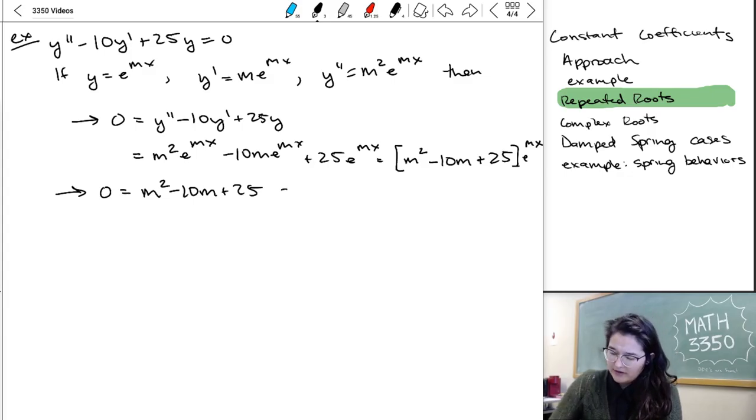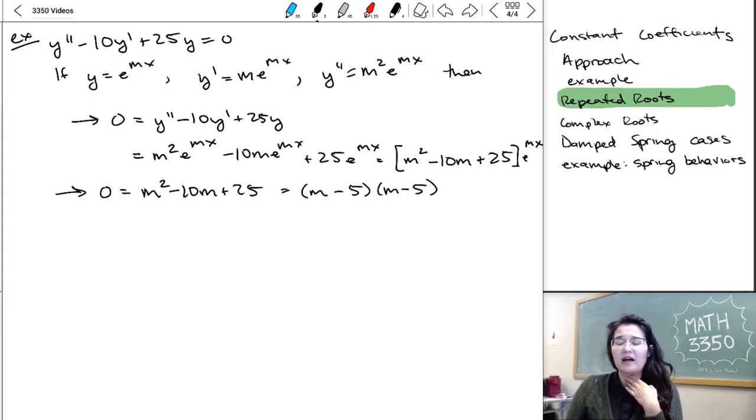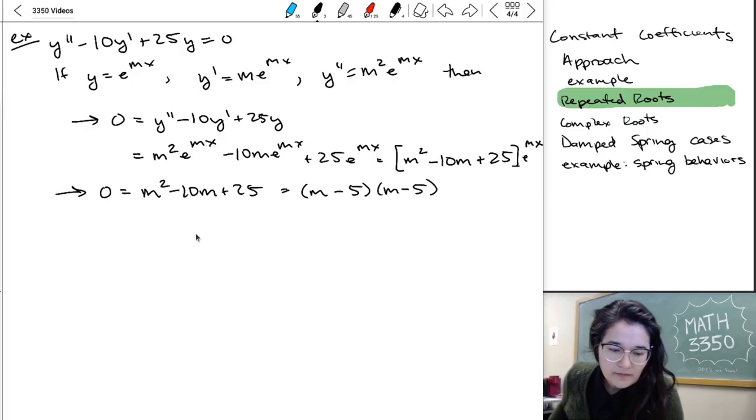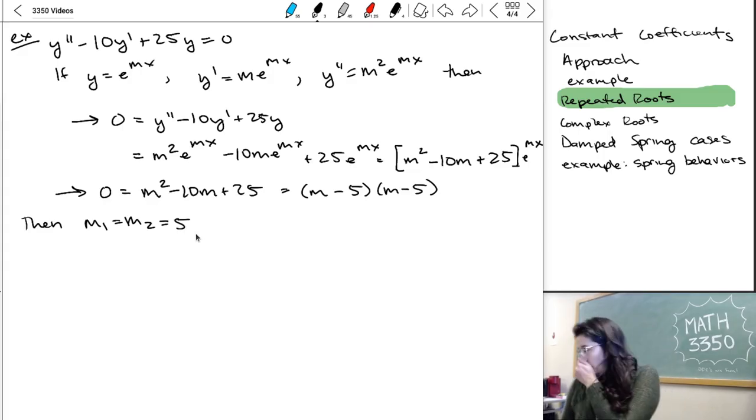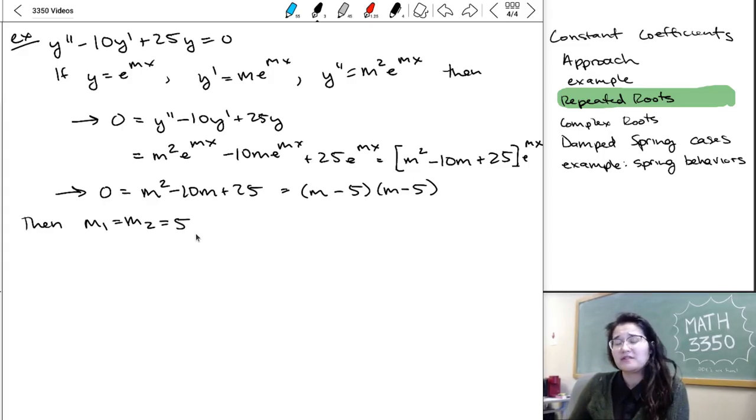If I want to factor this, it's going to be m minus 5 times m minus 5, because minus 5 times minus 5 is plus 25, and minus 5 plus minus 5 is minus 10. So I found m1 equals m2 equals 5.